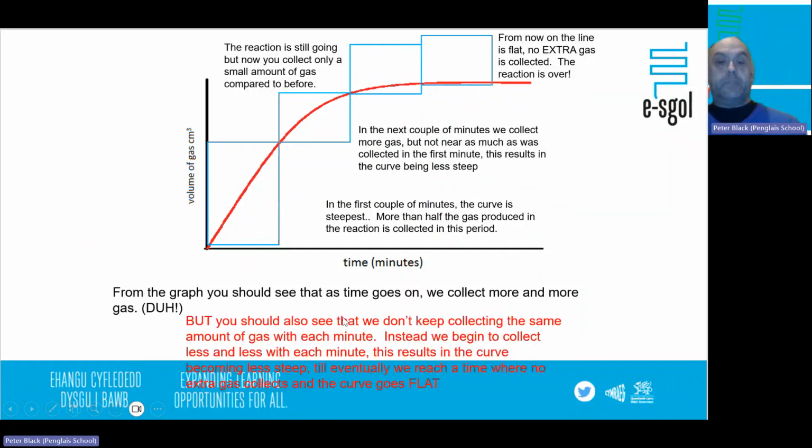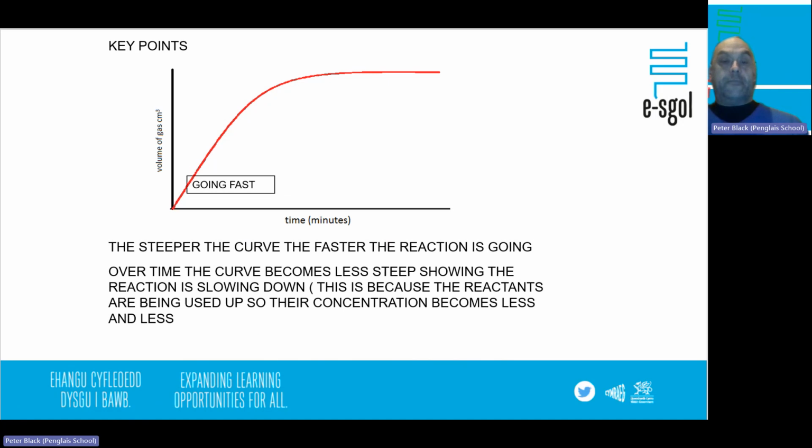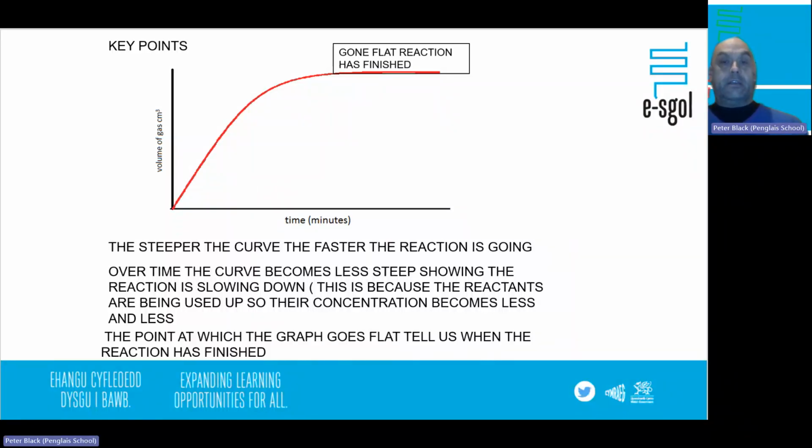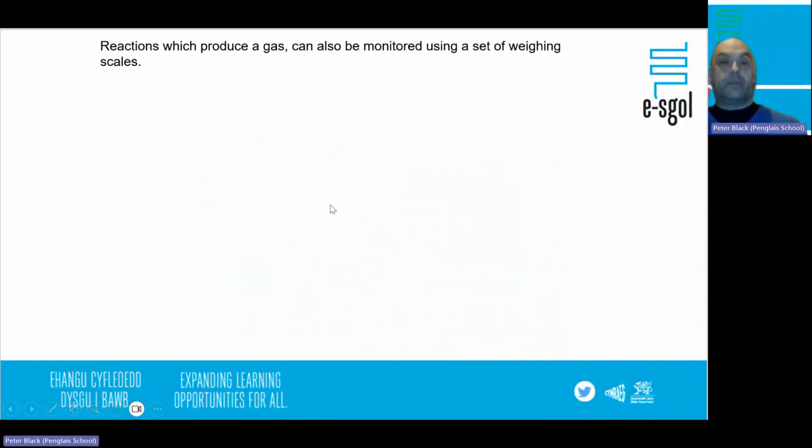So we'll move on very quickly. These are the key points in this kind of curve. The steeper the curve, the faster the reaction. Over time, reactions slow down, they become less steep, and eventually, where they go flat, we know the reaction's finished. So, for example, in this reaction, we could estimate the time that it's finished is at this many minutes.